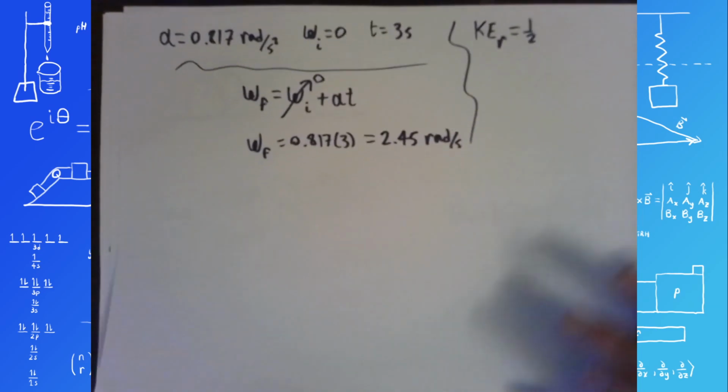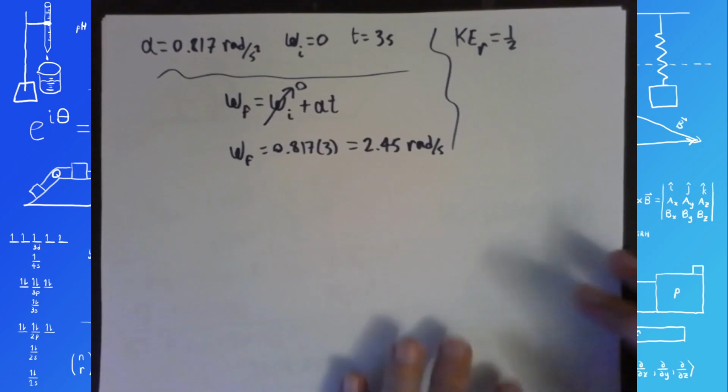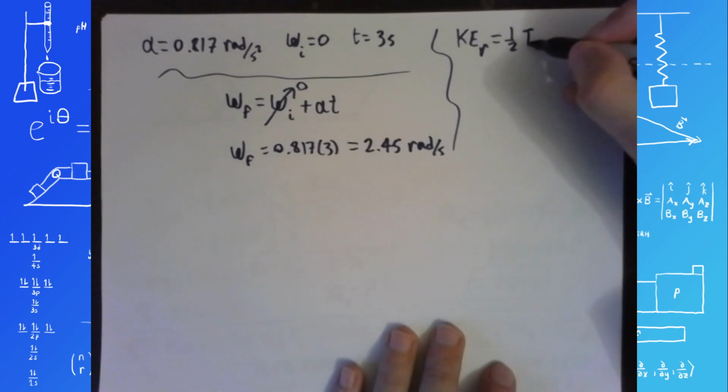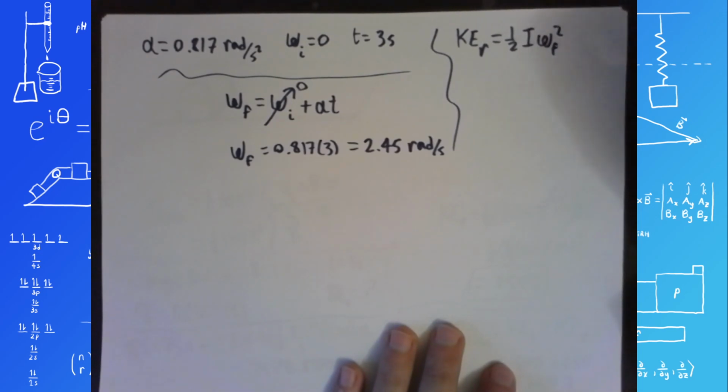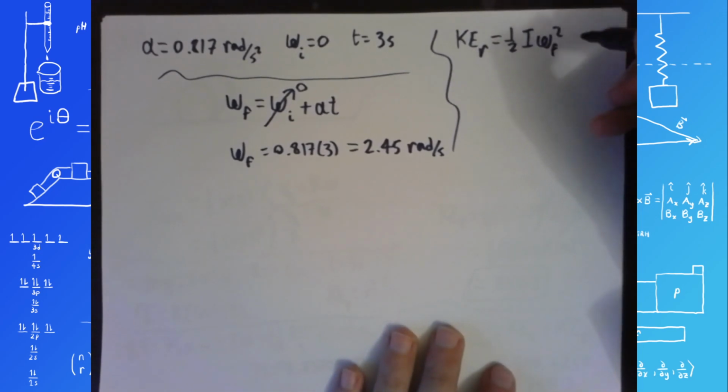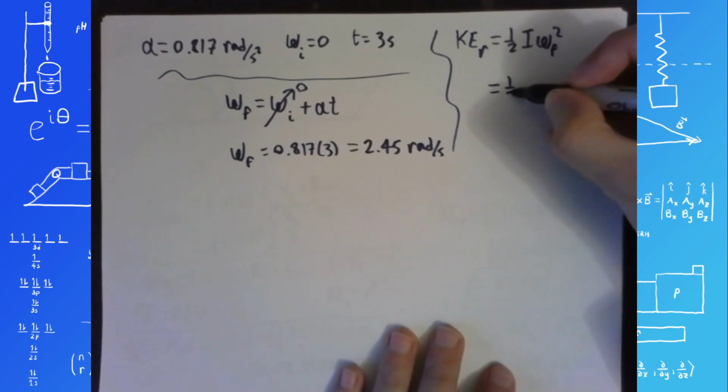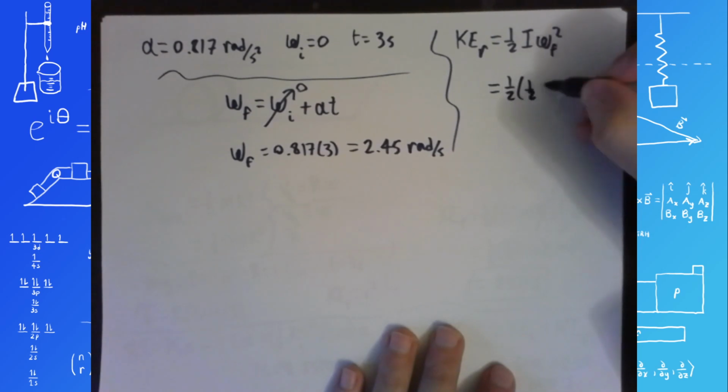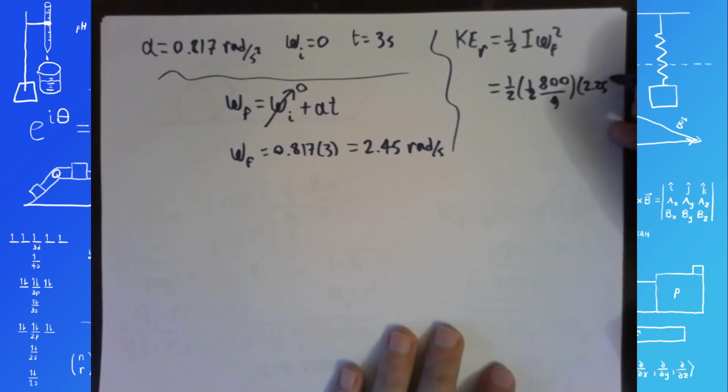That was an oversight on my part. 1/2 I times omega final squared. Omega initial was 0, so there was no initial rotational kinetic energy. So we've got 1/2 times 1/2 times 800 over g times 1.5 squared was 2.25 again, and then all that times 2.45 squared.